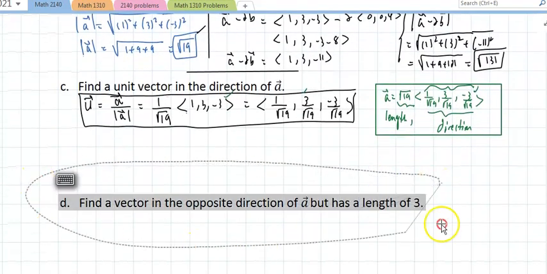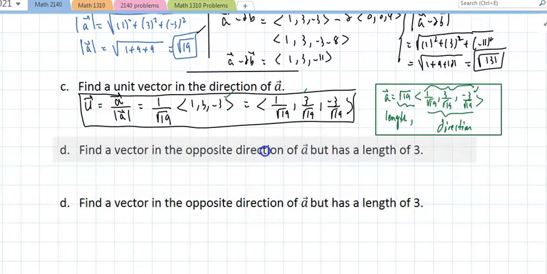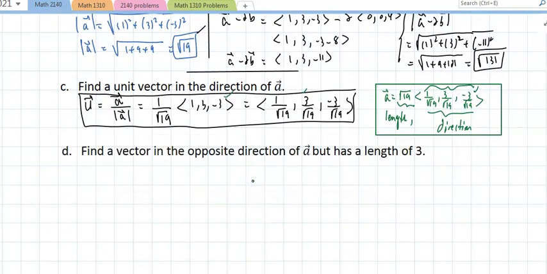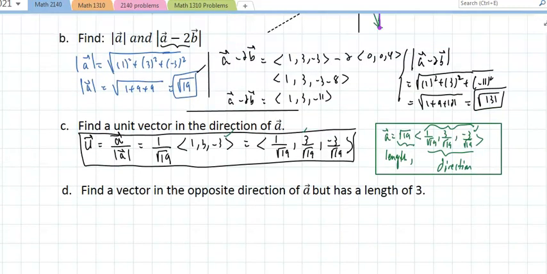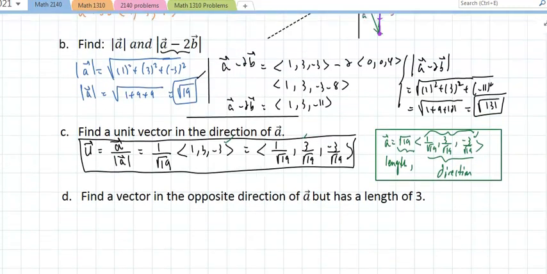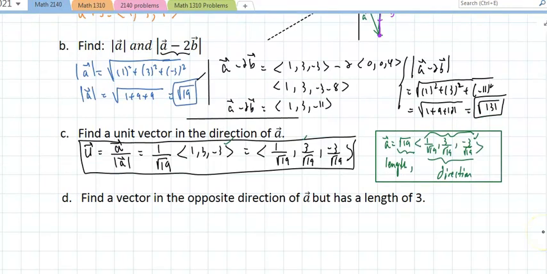And how about part D? Can you find me a vector in the opposite direction of A but has a length 3? Well, let's see. If this is my unit vector in the direction of A, right there, isn't it easy to just take whatever this is, multiply it by 3?